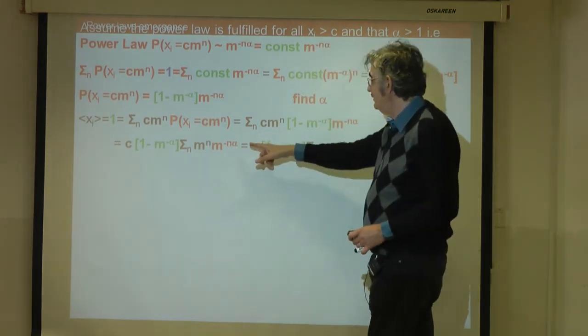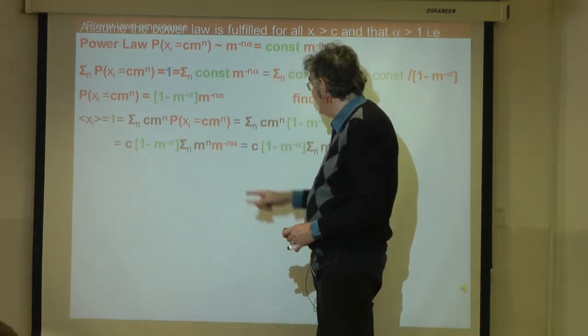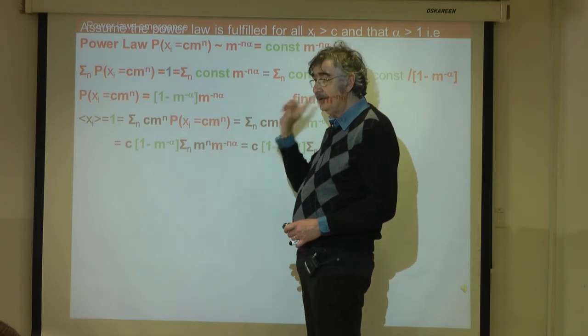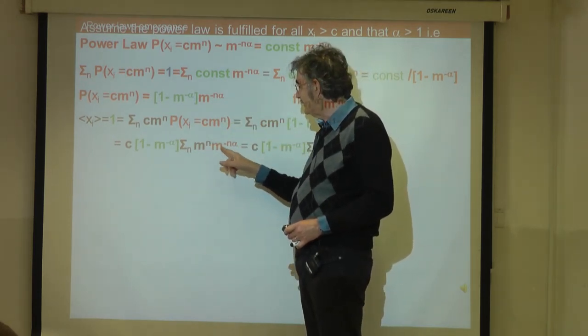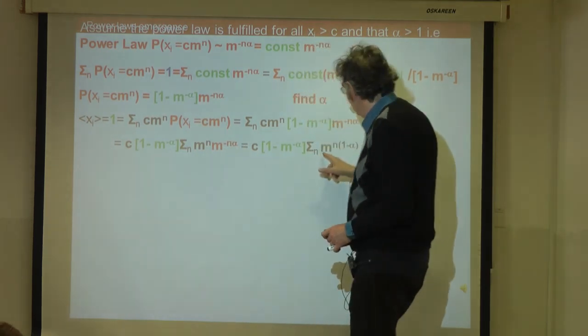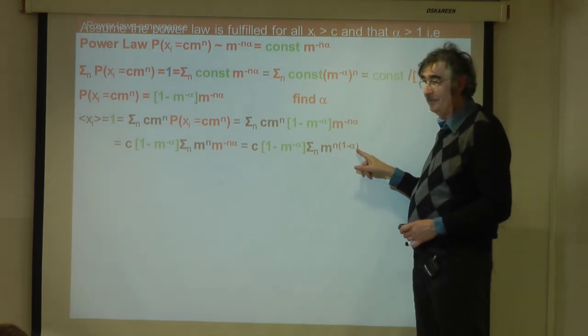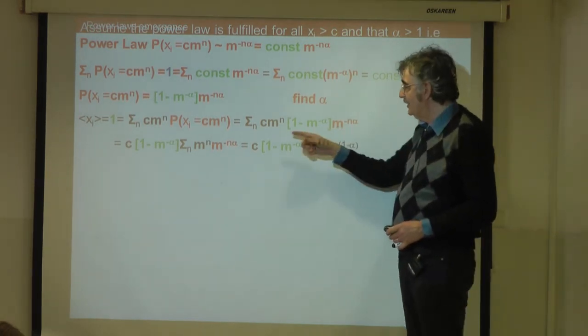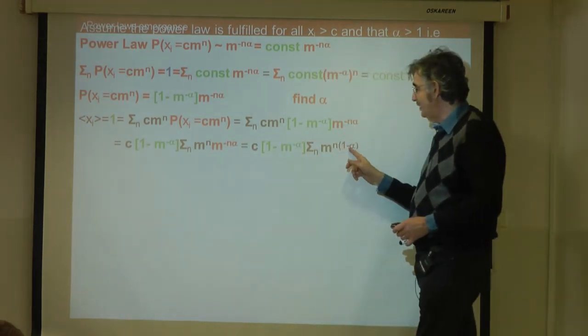So this entire sum is now equal to these factors times this sum. This sum, again, I'm using this thing which I ask you to remember by heart, that m to some power times m to some other power is m to the sum of the two powers. So this sum here is m to the power n times 1 minus alpha. Not only that I put n minus n alpha, I also took n outside, and I have m to the power 1 minus alpha.